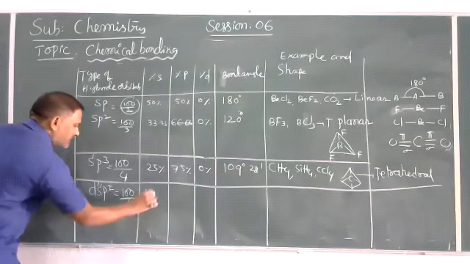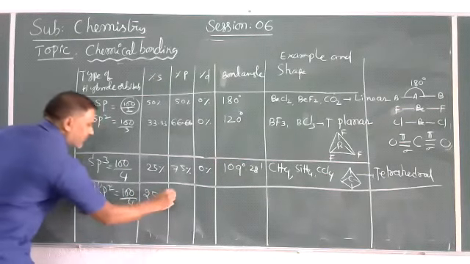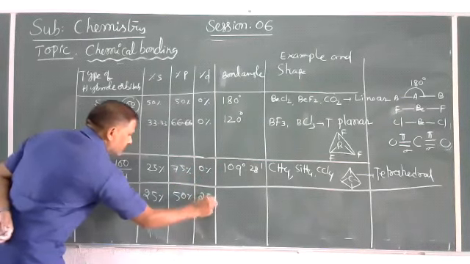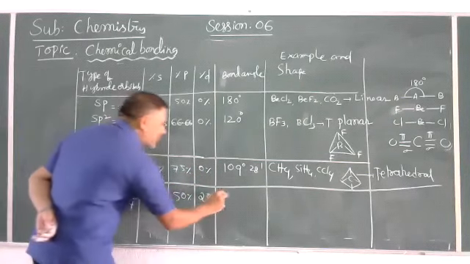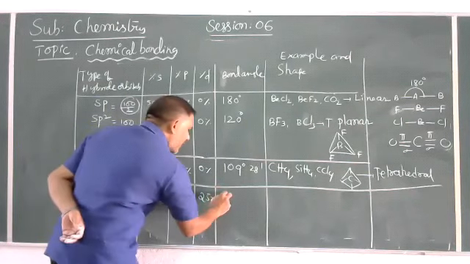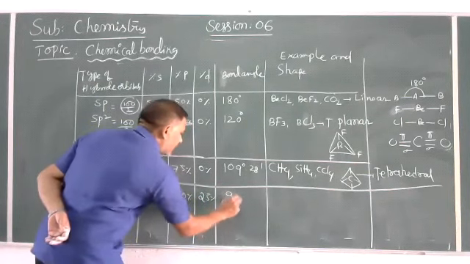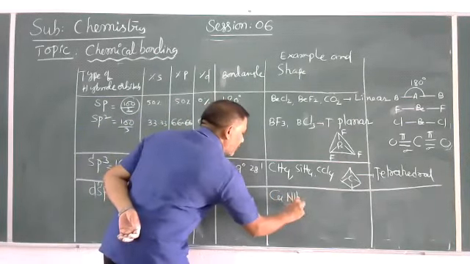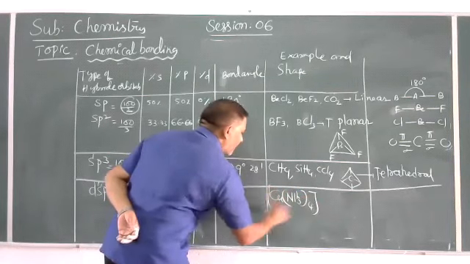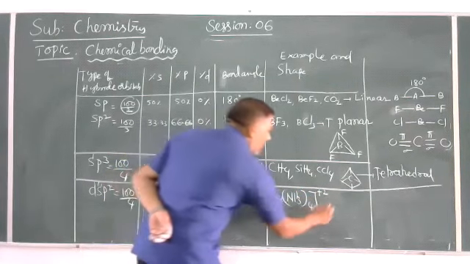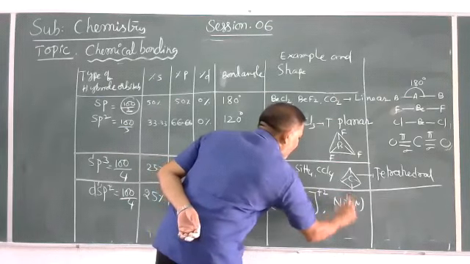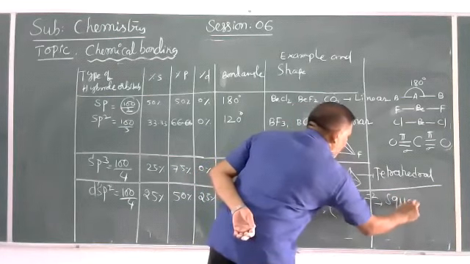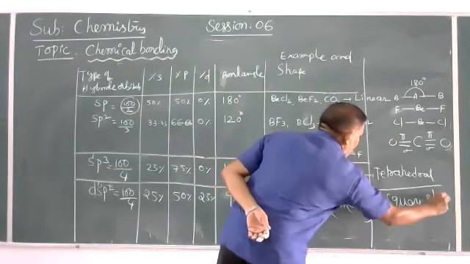Since s is only one, it is 25 percent, p is 50 percent, and d is again 25 percent. The structure is square planar, with a bond angle of 90 degrees. Examples are Cu(NH3)4 2+, or Ni(CN)4 2-, which have a square planar structure.